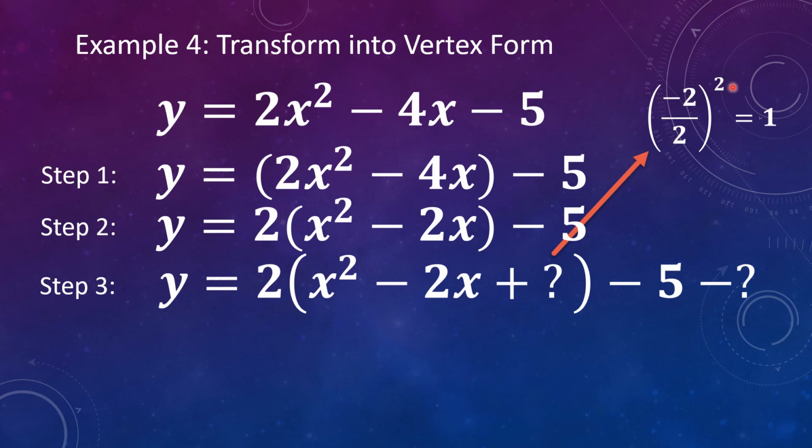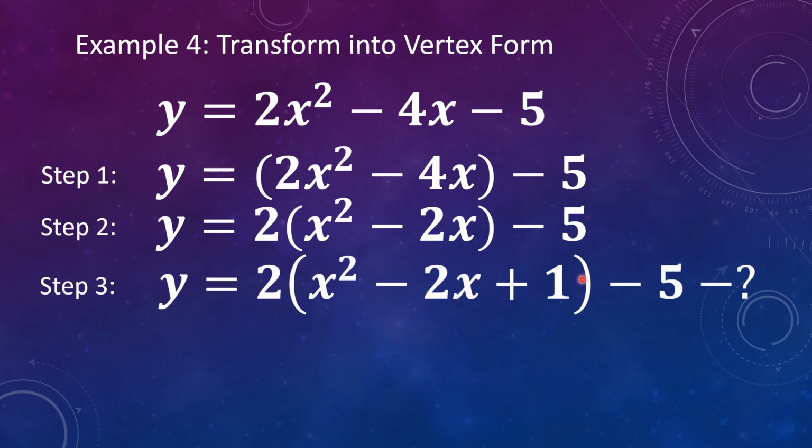That's negative 1. And square of negative 1 is positive 1. So this one will become positive 1. Unfortunately, hindi tayo pwedeng mag-minus lang ng 1 because 1 here will be multiplied by 2 pa. So the answer is minus 2 to make the equation still balanced.